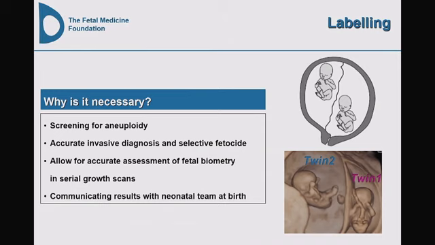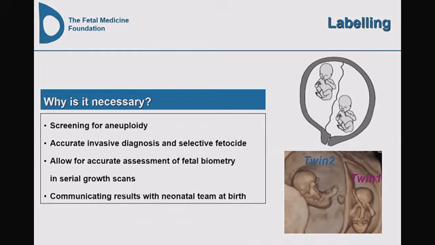As well, if we want to perform a selective reduction in an affected fetus of the twin pair, we must label twin 1 and twin 2.